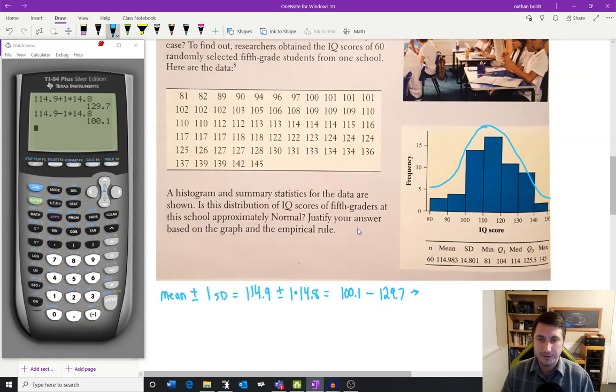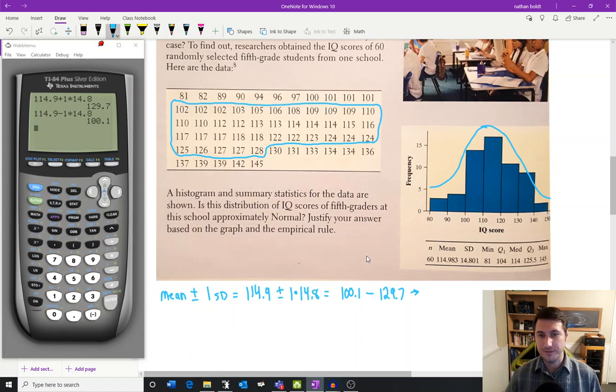So how much of our data is that? I just don't include the 101s because those are a little bit too small. So I'm going to start at the 102s, and I go all the way up to 129. So that will include all of these here, it looks like.